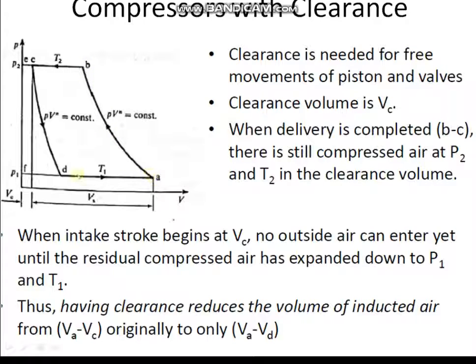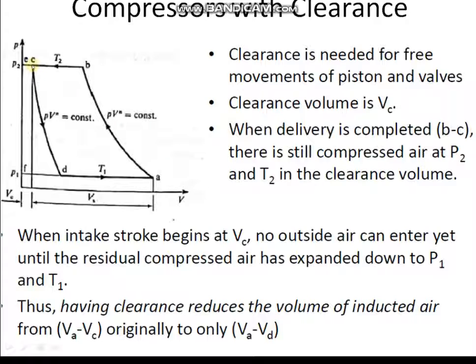The pressure will increase from P1 to P2 and the temperature will increase from T1 to T2. At this temperature T2, the piston will move further and there will be the delivery of the air. At point C there is some volume of air inside the cylinder.